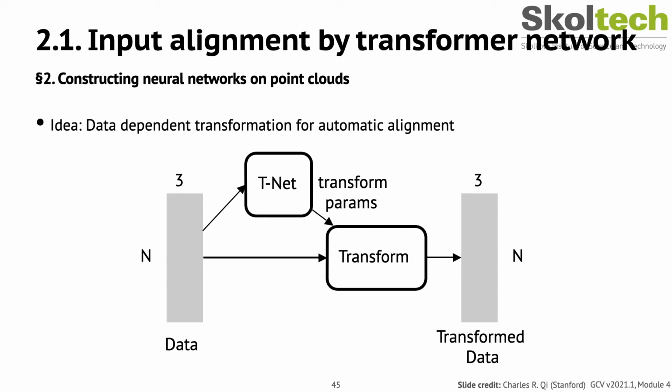The transformation is predicted by a mini PointNet, which is trained end-to-end with the rest of the network. The mini network itself resembles the big network and is composed of basic modules of independent pointwise feature extraction, max pooling, and fully connected layers. This in spirit is similar to the spatial transformer network in images.